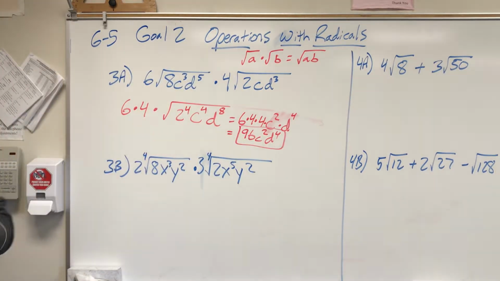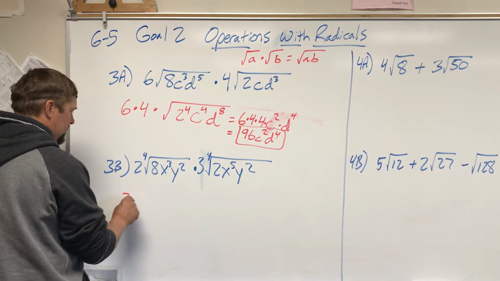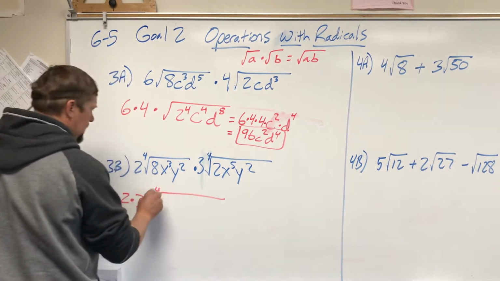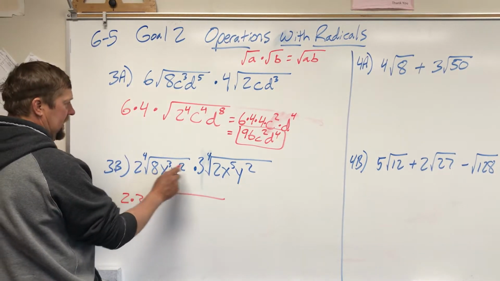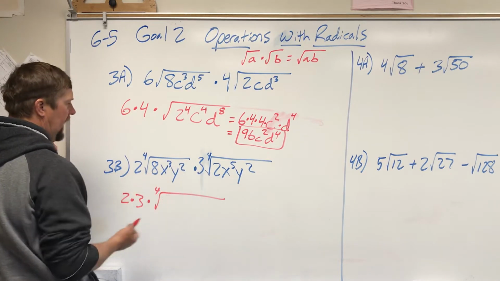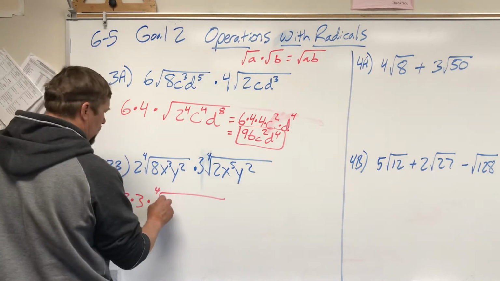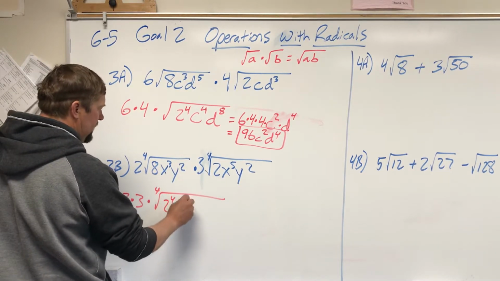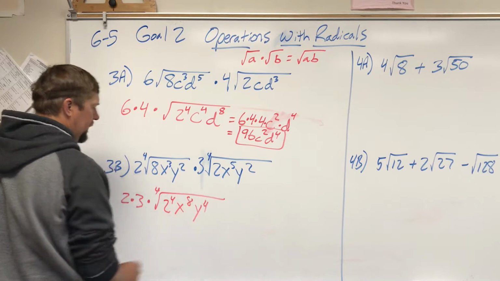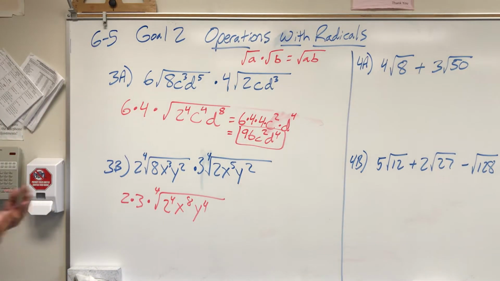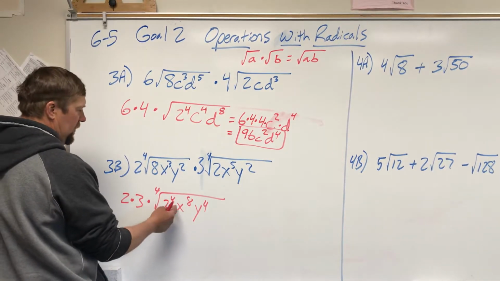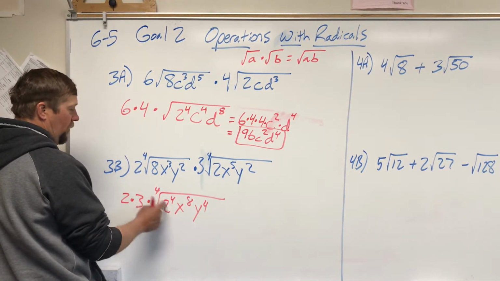Let's do the next one. Very similar to that. We've got 2 times 3 on the outside. On the inside of the 4th root, I have, again, 8 and a 2. They happen to be the same numbers, but let's go with 2 to the 4th, x to the 8th, y to the 4th. Again, very nice because none of the powers is odd, and 4 goes into all of those.